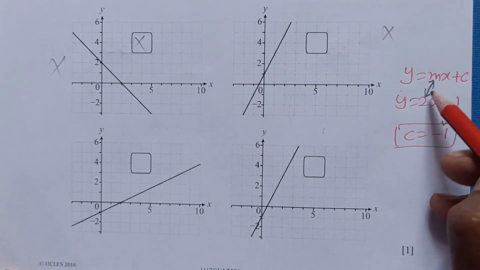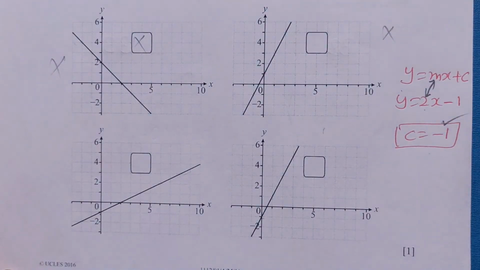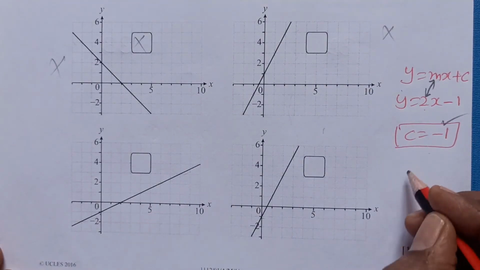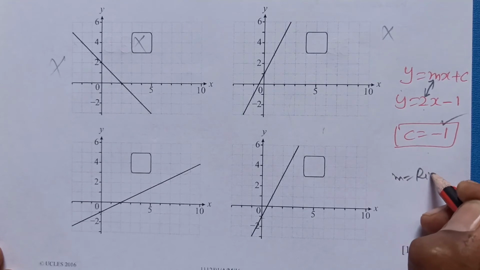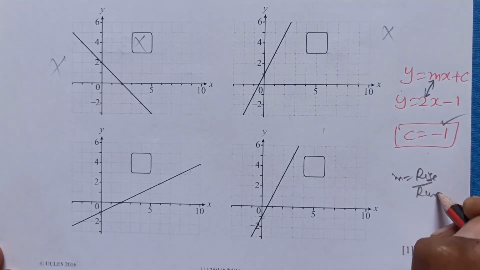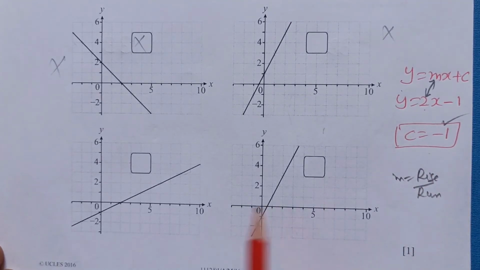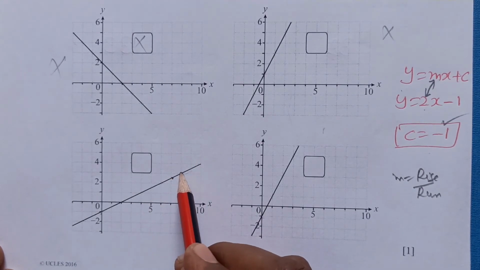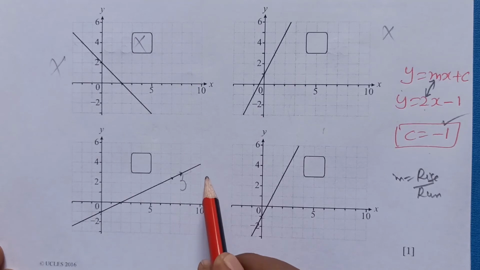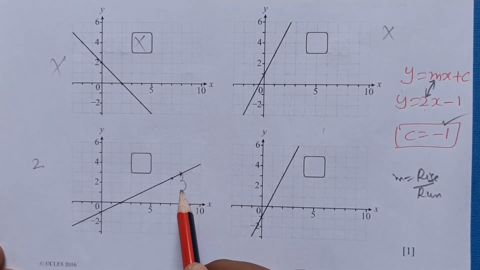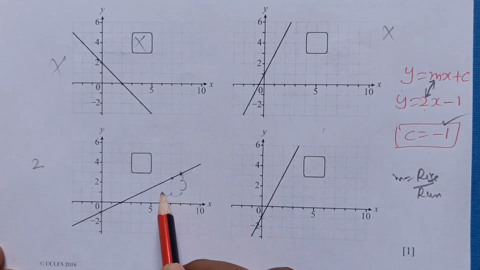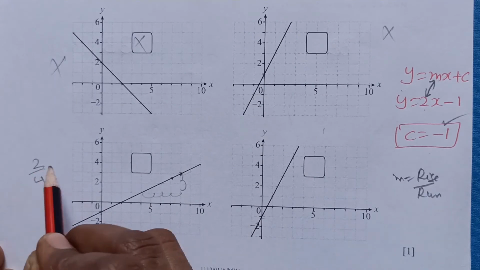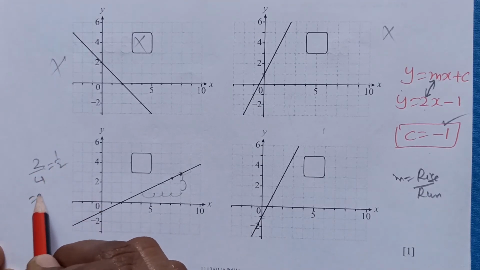So the slope, the gradient, is 2. How will you see the gradient here? The gradient m is rise over run, that means change in y over change in x. If I take this point here, the rise is 2, and the run is 1, 2, 3 and 4, so 2 over 4, which is 1 over 2, or 0.5.